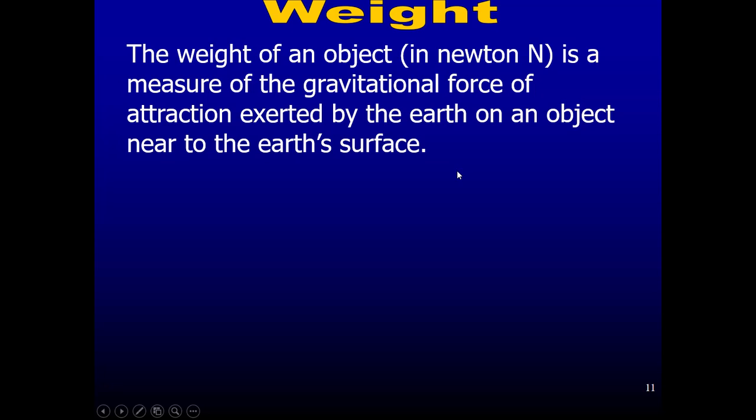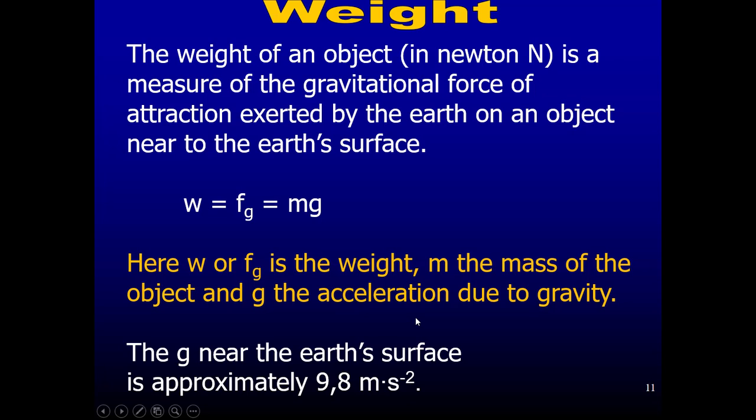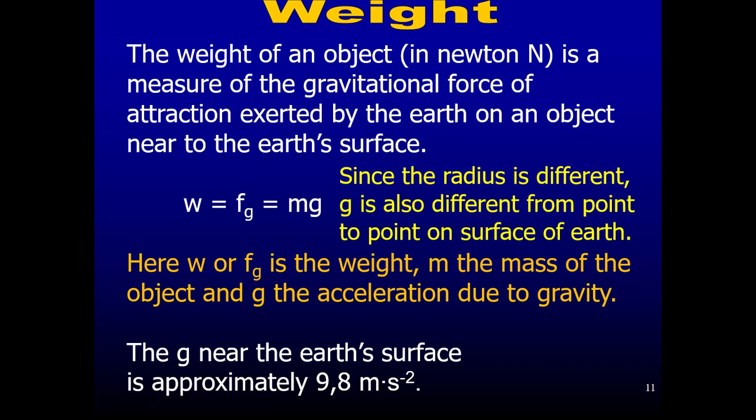That's not just the Earth, it depends on the planet you're on. So the force due to gravity is equal to the mass times the gravitational acceleration. Here, the force due to gravity is the weight, small m is the mass, and small g is the gravitational acceleration. On Earth, it's 9.8 meters per second per second. Since the radius is different, g is also different from point to point on the surface of the Earth.